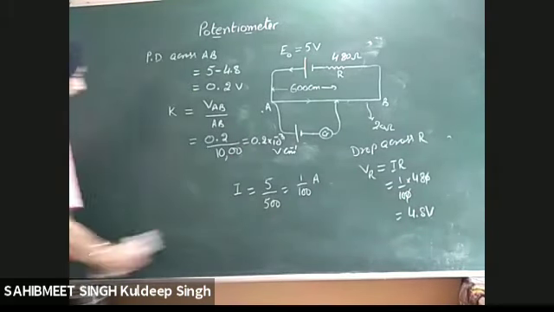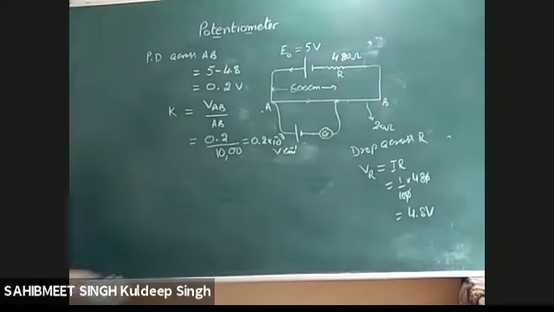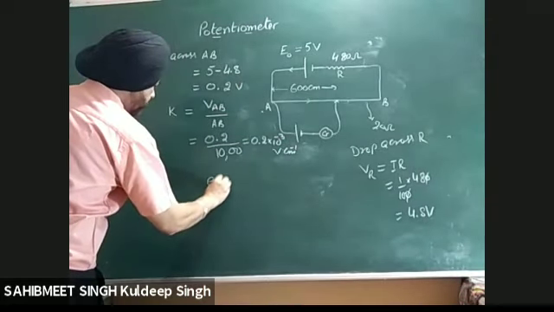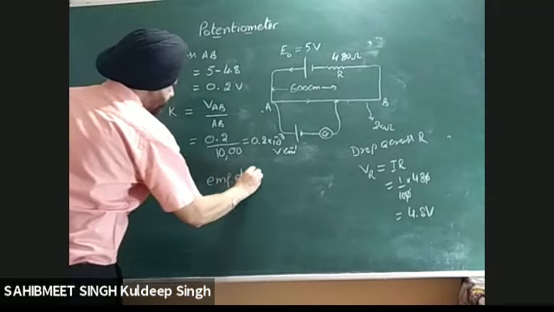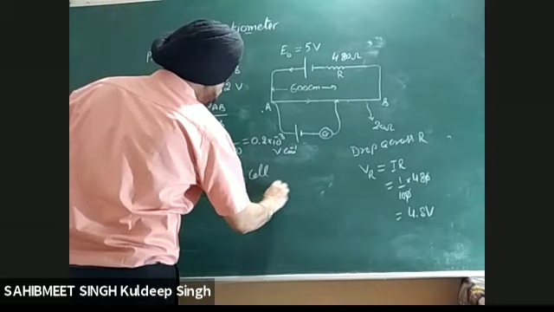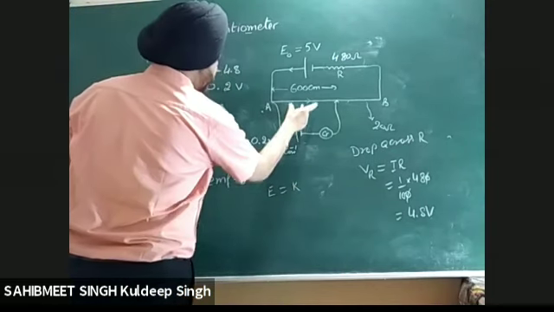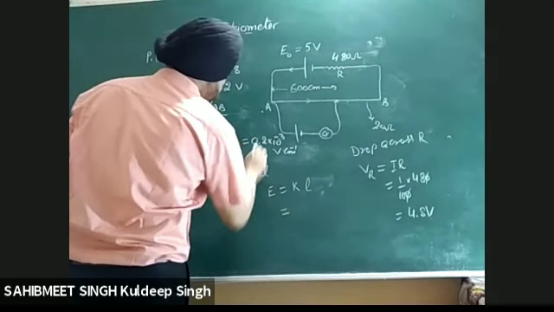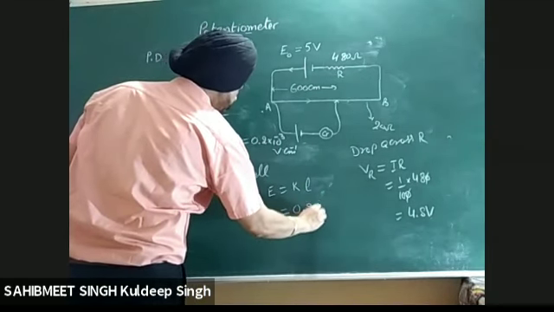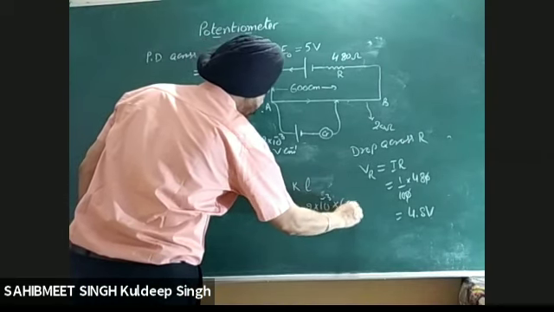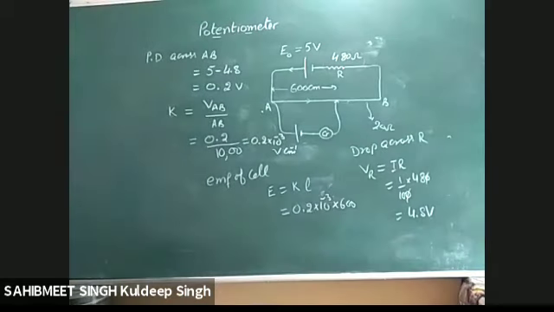And once you know the potential gradient, then there is no problem. You can find out the EMF of this cell. So EMF of the cell is equal to potential gradient multiplied by the length L. So this is 0.2 into 10 raised to power minus 3 multiplied by 600.